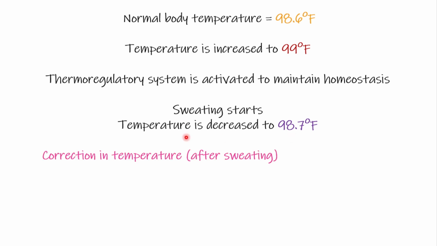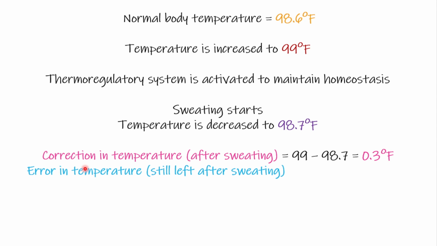The correction in temperature after sweating is basically the temperature decreased from 99 to 98.7, so the correction is 99 minus 98.7, that is 0.3 degree Fahrenheit. So 0.3 degree Fahrenheit is the correction in this case.